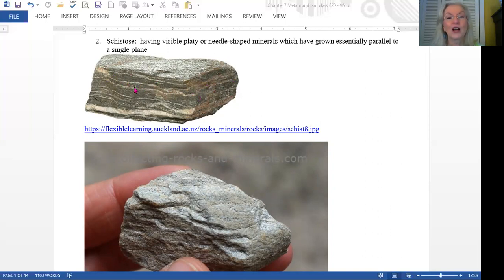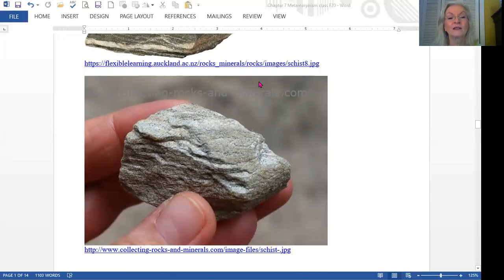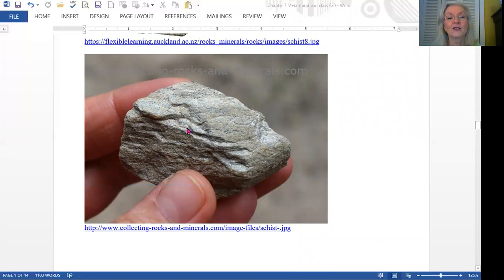They do not look like you could pop them apart like we could the slate or like you could mica, but they look like somebody's tried to fool us. And so schist is a metamorphic rock that exhibits this kind of layering. Again, you look at the edges, it looks like they're layers, but only sort of layers.